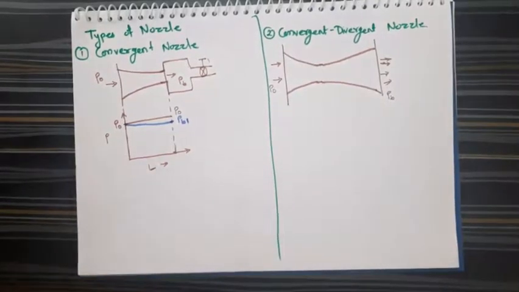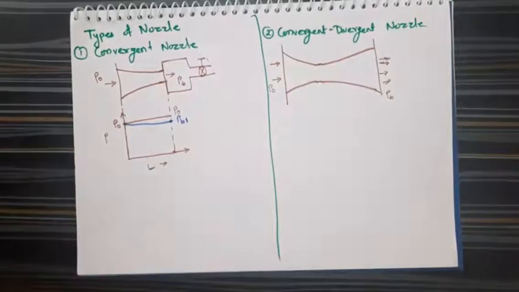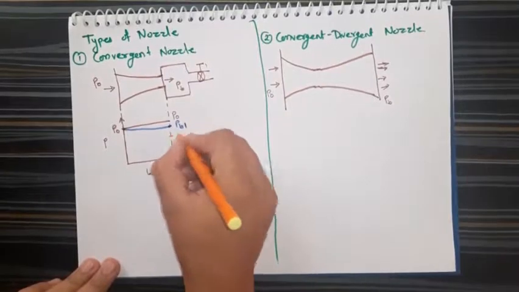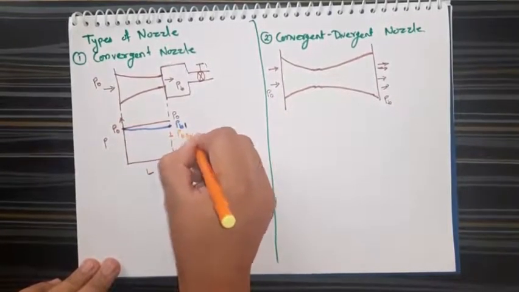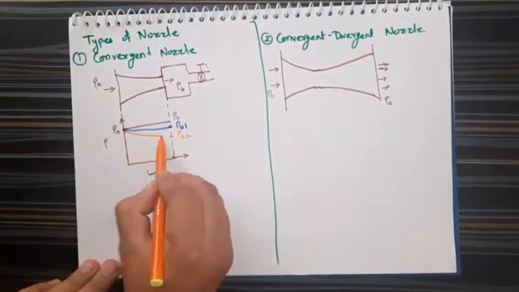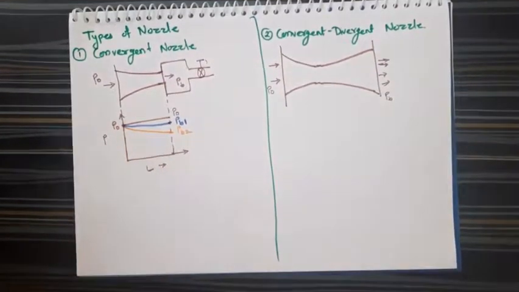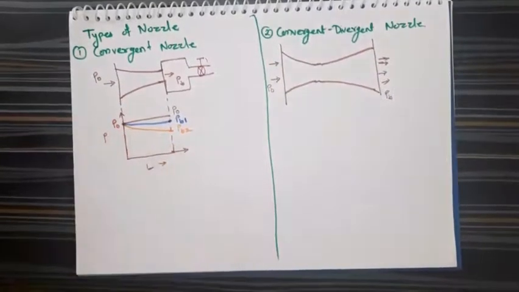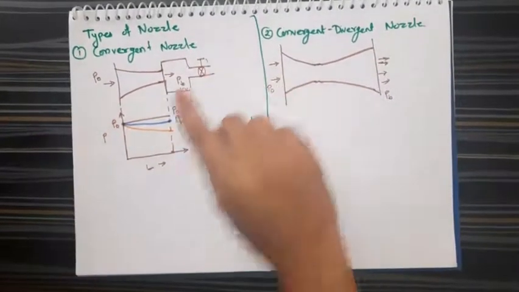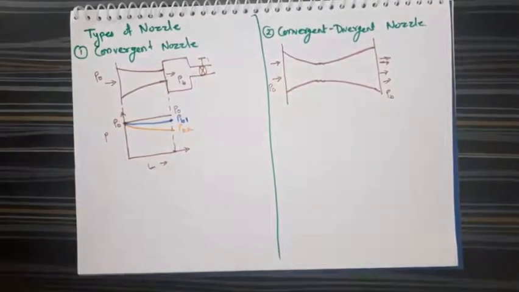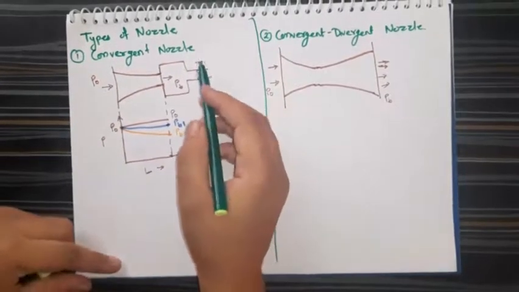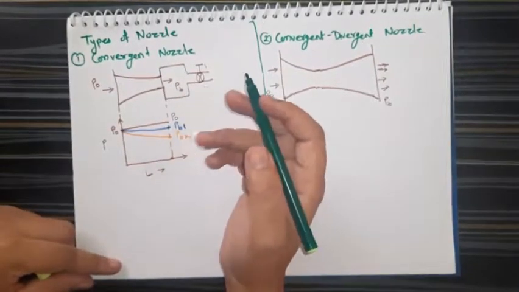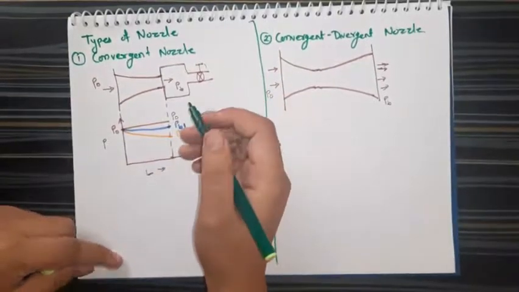Now let's say again, if we open this valve further, you will observe it is reaching another pressure, let's say PB2. So again the flow will increase and the pressure will drop from P0 to PB2. If we allow this valve to open further, at the maximum condition the flow or the velocity will reach the sonic velocity.